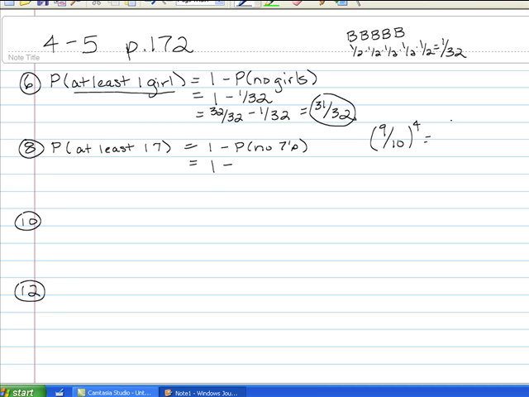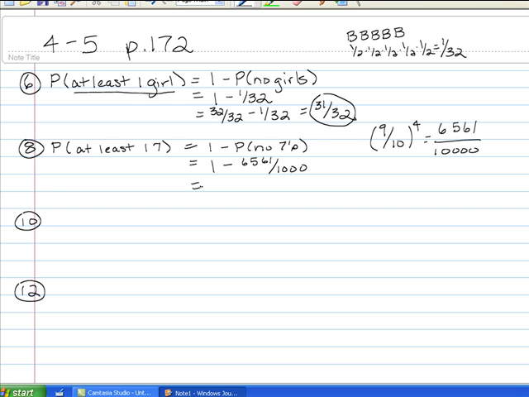and we have 4 different numbers we're selecting, so it would be raised to the 4th power. 9 raised to the 4th, oops, turn my calculator on. 9 raised to the 4th is 6561 over 10,000. Alright, so I'm going to do this as a decimal.